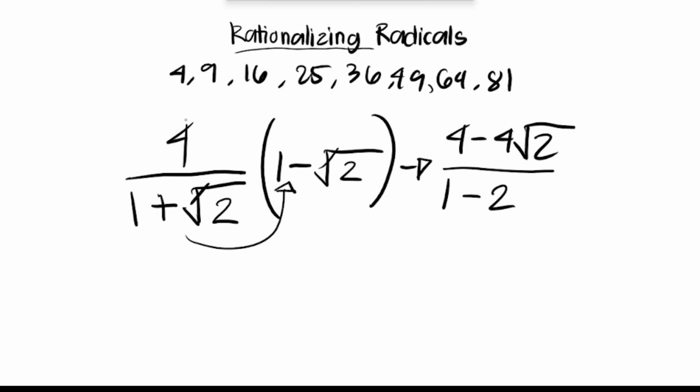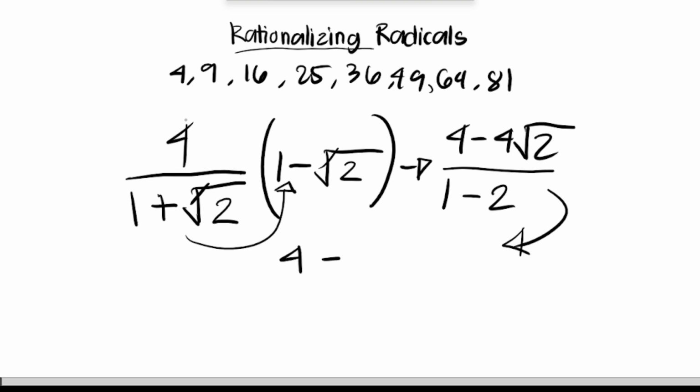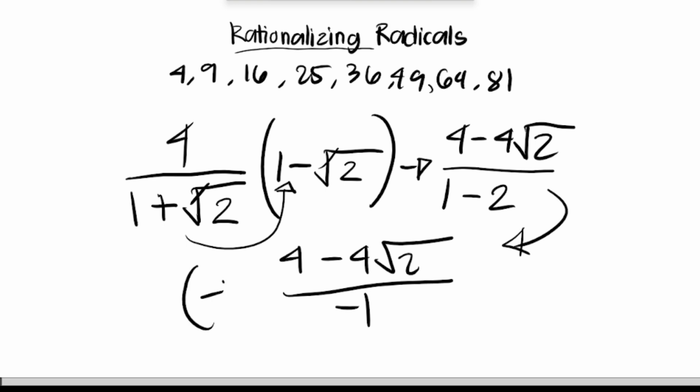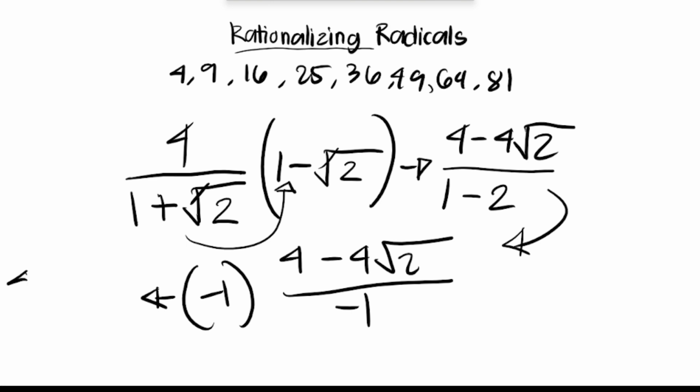Then we have 4 minus 4 square root of 2 times negative 1, and our answer is going to be negative 4 plus 4 square root of 2.